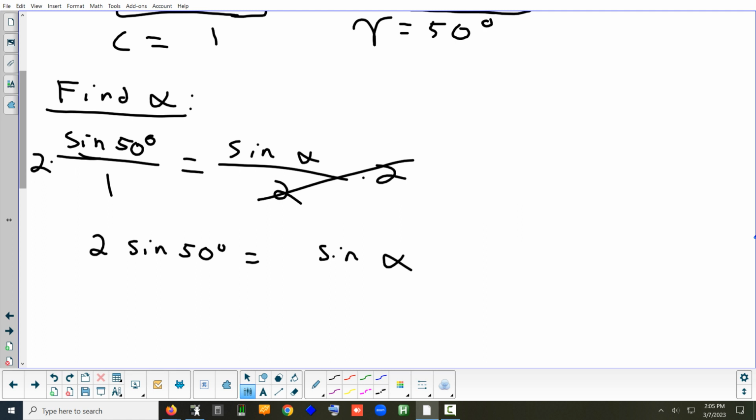And now we've been at this step a couple times where we got a variable that's part of a trig function. We need to get it so it's not in that trig function. How am I going to get rid of sine? Yep. I'm going to take the inverse of sine. Because tomorrow when we learn the law of cosines, we're going to have to do the inverse of cosine.